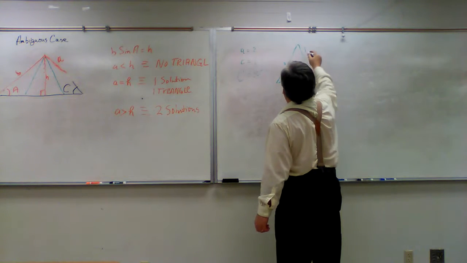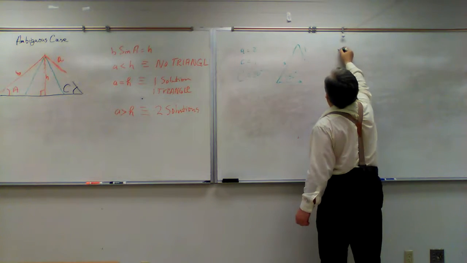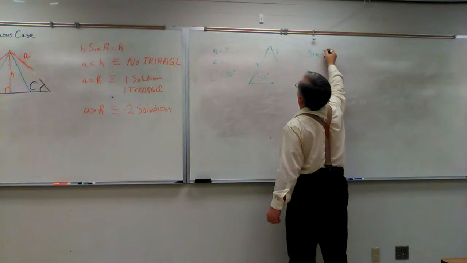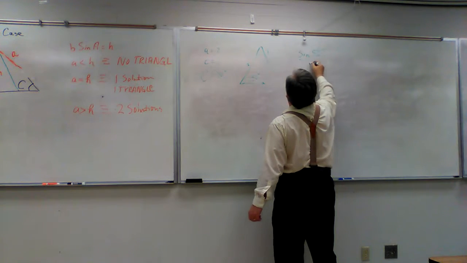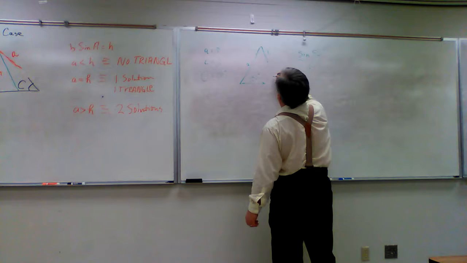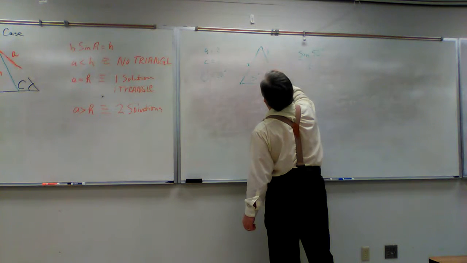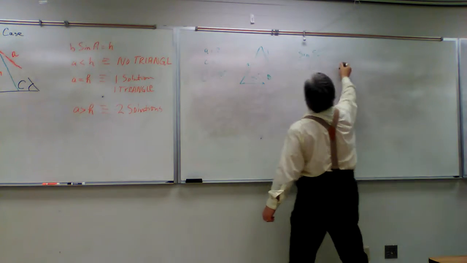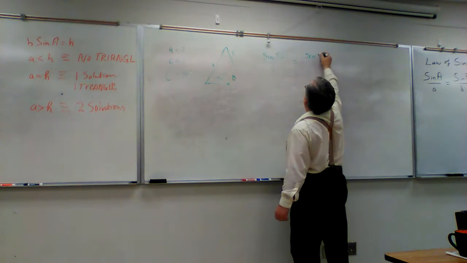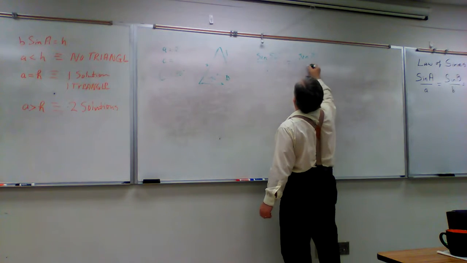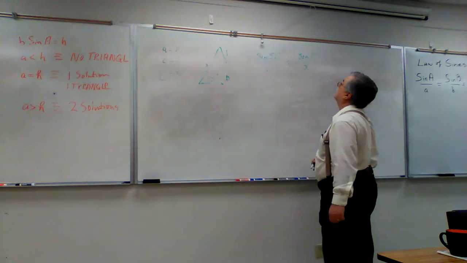But we do know that sine of 50 degrees divided by 1 would have to equal sine of B divided by 2.